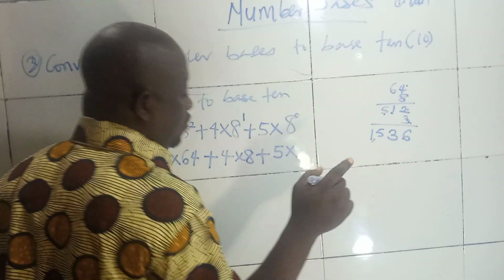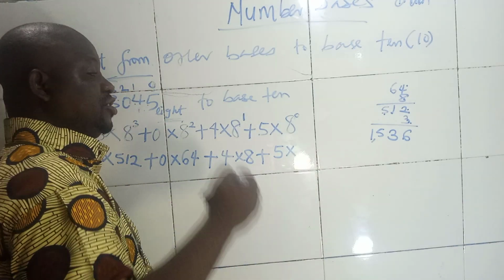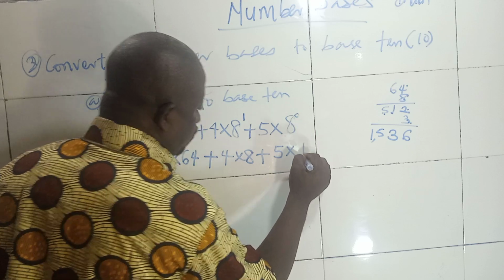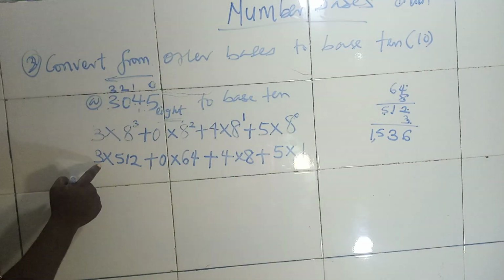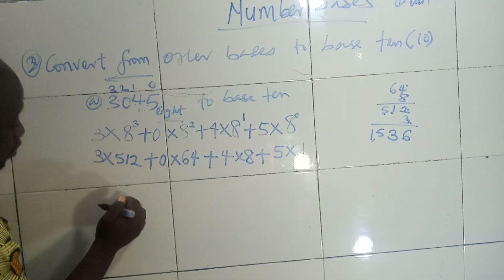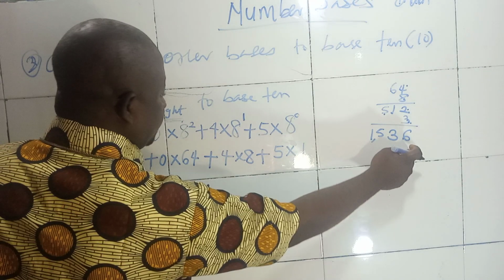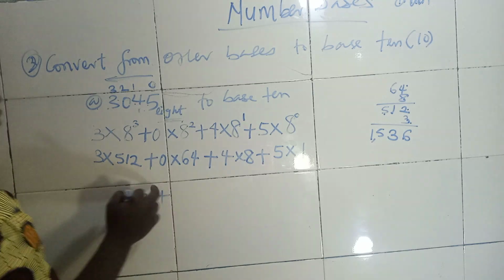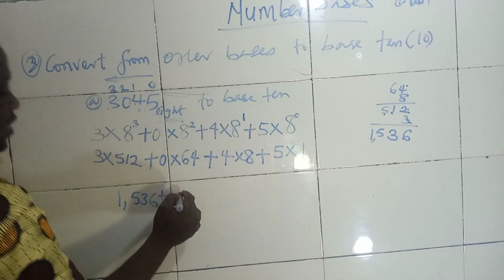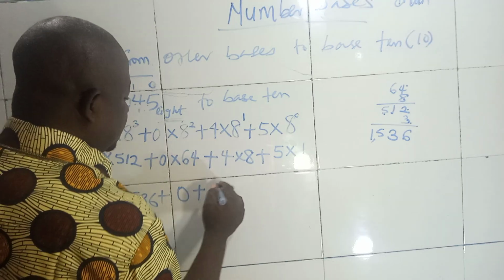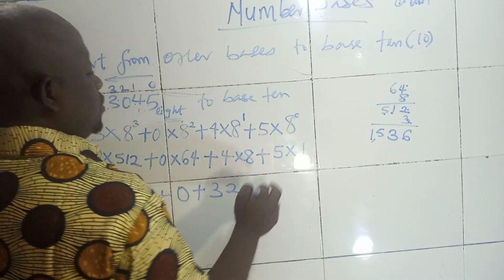If you remember by law of indices, any number that is raised to power 0 is equal to what? 1. So 8 raised to power 0 is equal to 1. So we now have 3 times 512, that is 1,536. That's what we got here. Plus 0 times 64, that is 0. Plus 4 times 8, that is 32.